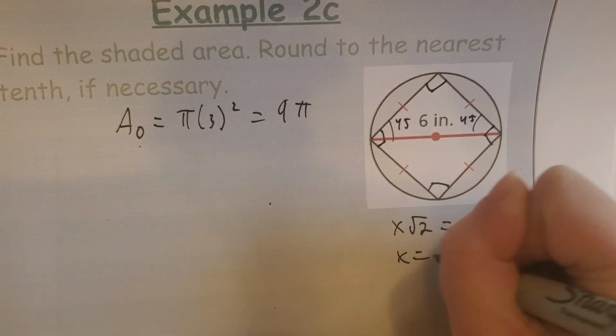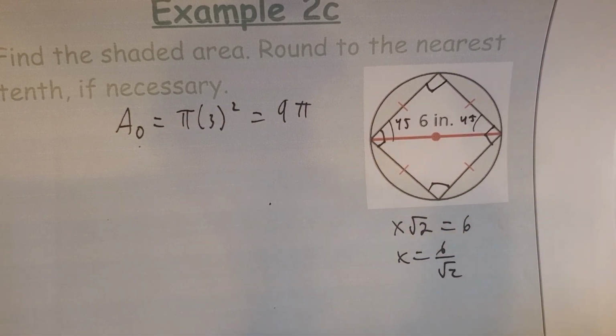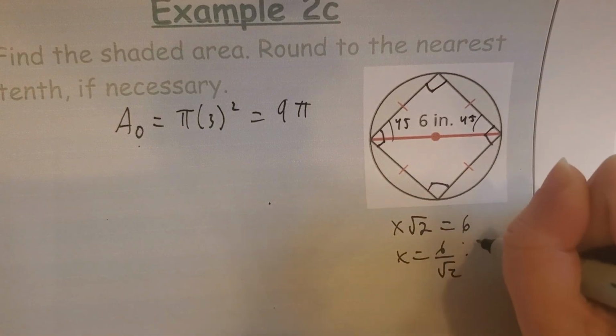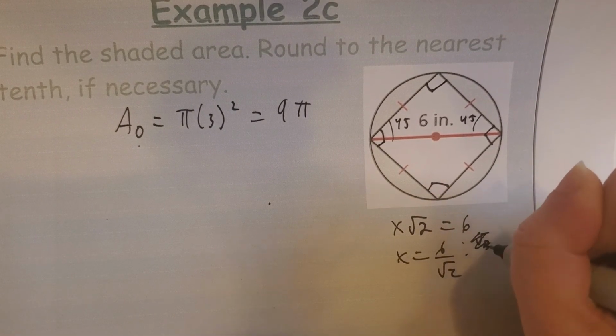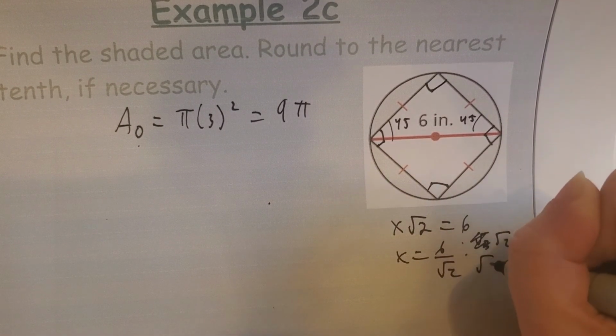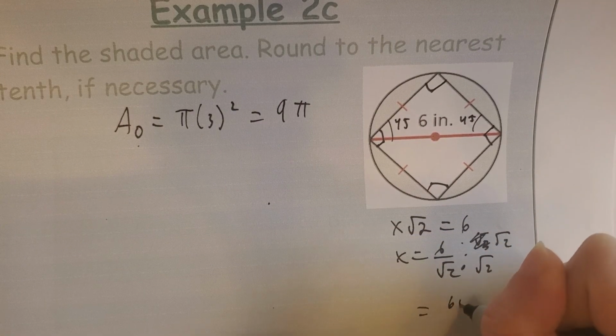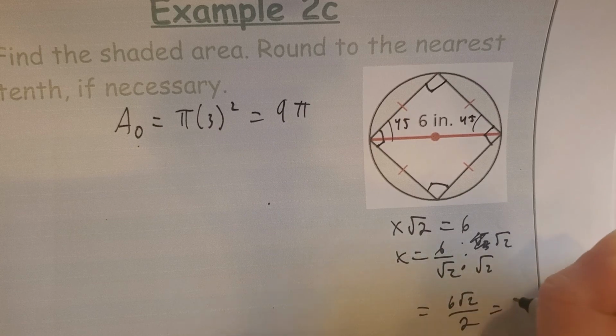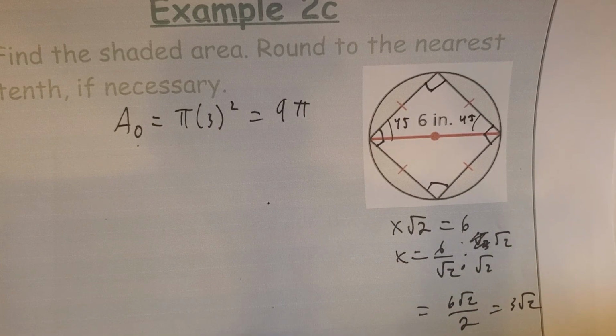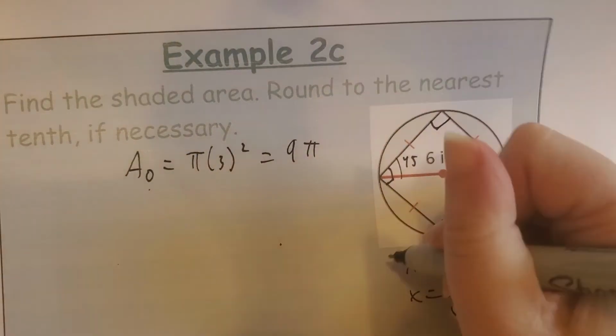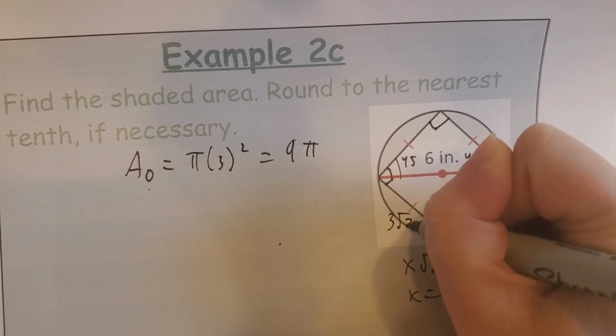Okay? So x is 6 over root 2. We don't want any radicals in the denominator, so we're going to rationalize. There we go. And that means this is 6 root 2 over 2, which is 3 root 2. Okay? So that is, I'm going to do it here, one side of the square.